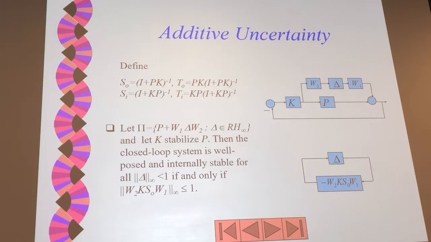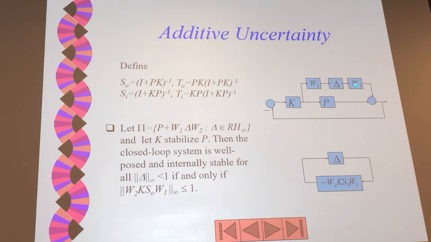Okay? Dr. Chen, W1 and W2 are of your choice. If you don't have a good idea, you just put them as identity, I and I. But you can choose W1 and W2. Are they uncertain? No, they are exactly known. It's not uncertain.